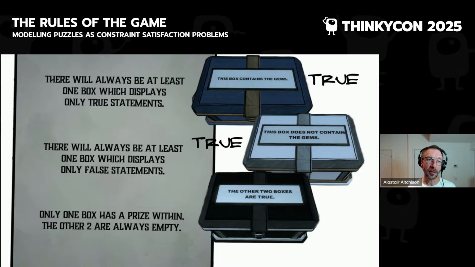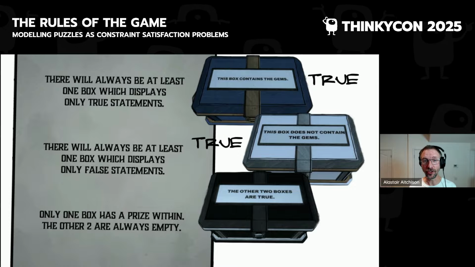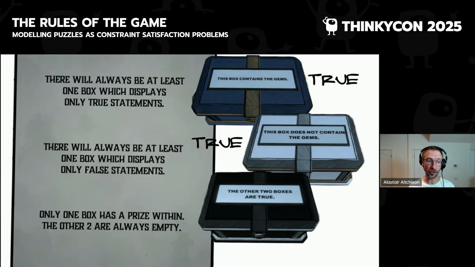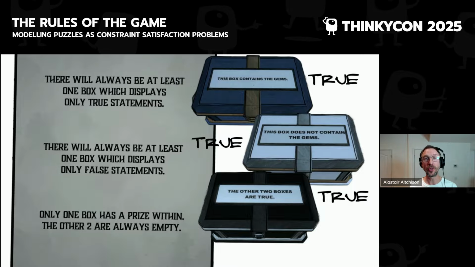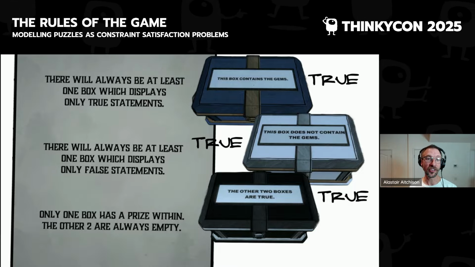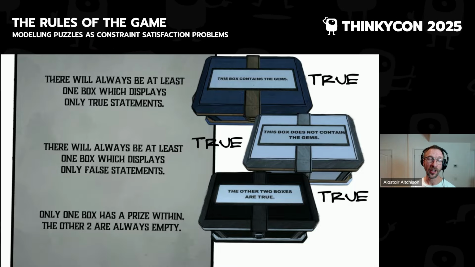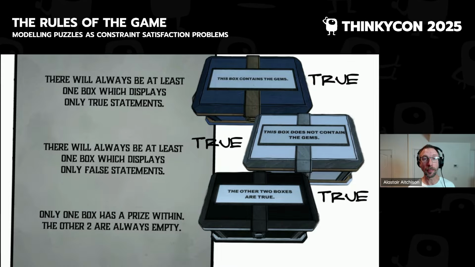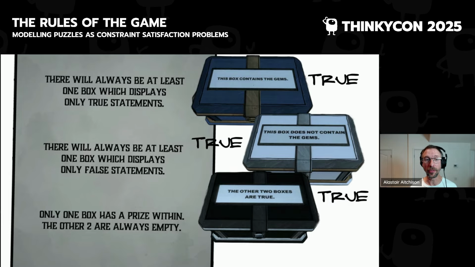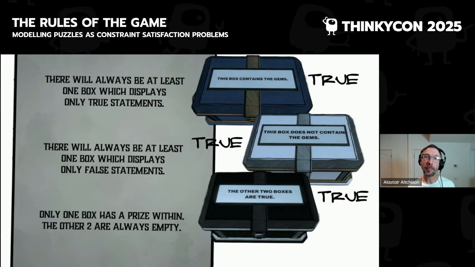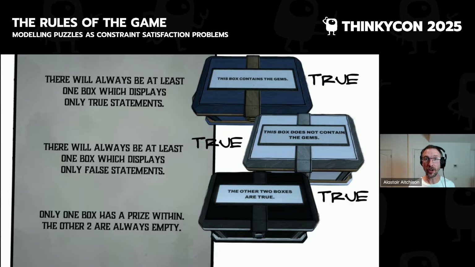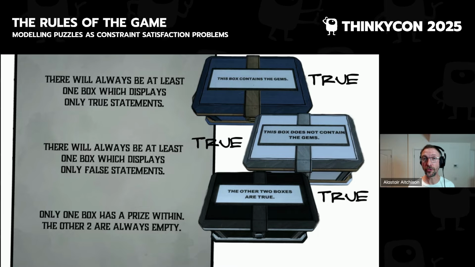And if both the blue box and the white box statements are true, that would make the statement on the black box true. But this would fail to satisfy one of the constraints, which is that at least one of the boxes is false. So we have an evaluation that is complete. We've assigned values to all of them, but it's not consistent because we've broken one of the constraints. Now, we based this evaluation on the assumption that blue was truthful.